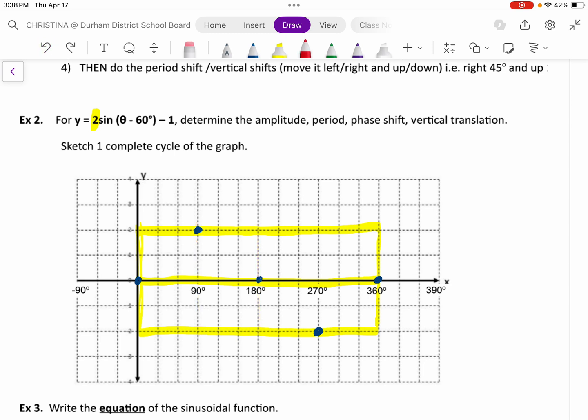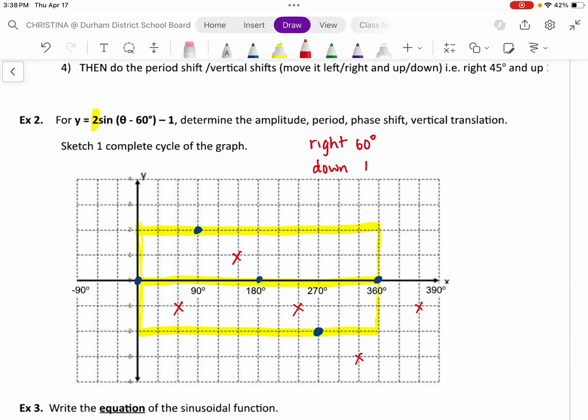So this one is going to go right 60 degrees and down 1. So each dot, I'm going to go right 60, so that's like 2 units, down 1, just watch the scale. Each dot right 60, down 1.